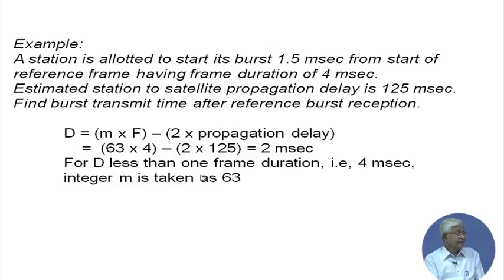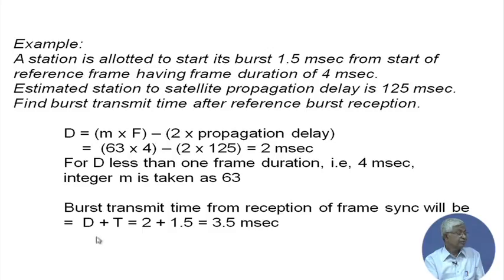For d less than 1 frame duration, that is 4 millisecond, integer m can be taken as 63 and d comes out to be 2 millisecond. So your actual transmission time is d and 1.5 millisecond from the reference burst. So that is 2 plus 1.5, which is 3.5 millisecond.